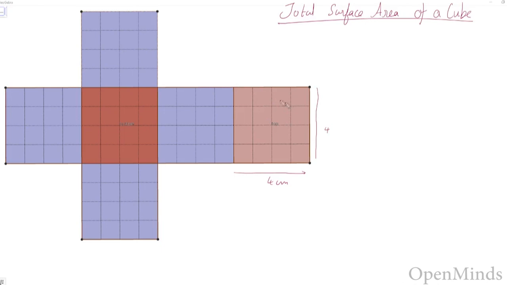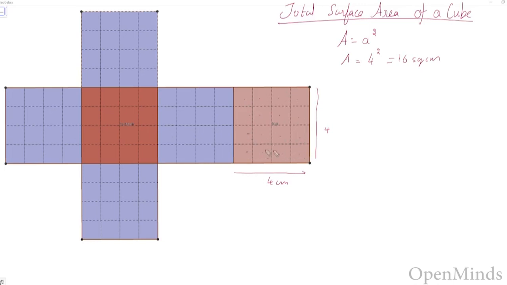So what could be the area of this particular square? It's simple. We know that the area of a square is a squared, where a is the length of the square side. So it is 4 squared, which is 16 square centimeters. That is the area of one of these pieces. Can we visualize that? We have 1, 2, 3, 4, 5, 6, 7, 8, 9, 10, 11, 12, 13, 14, 15, and 16.